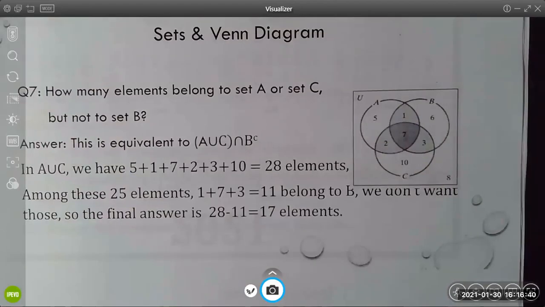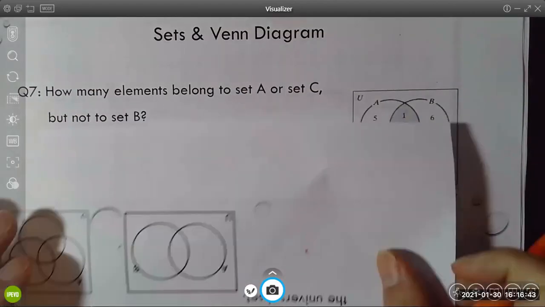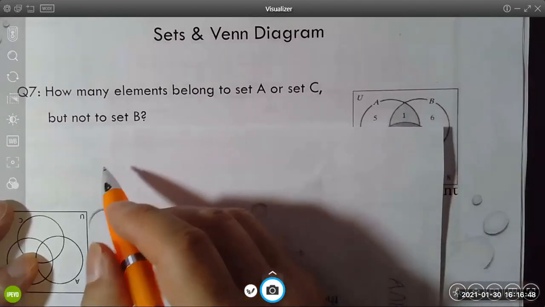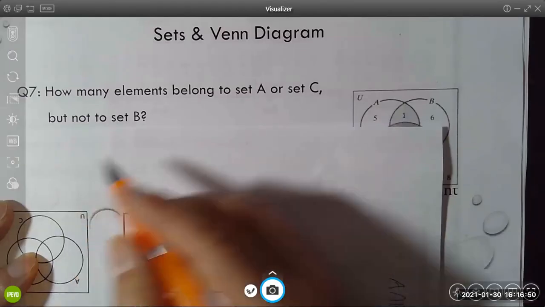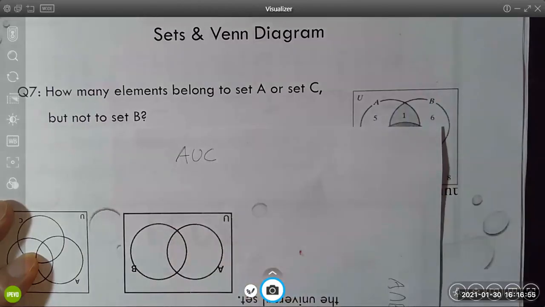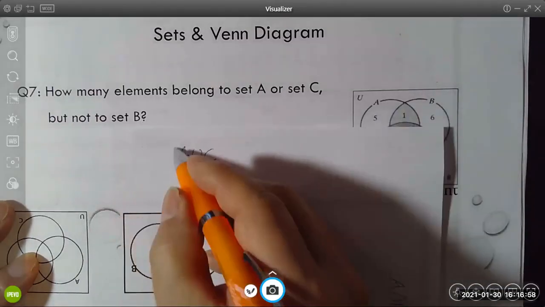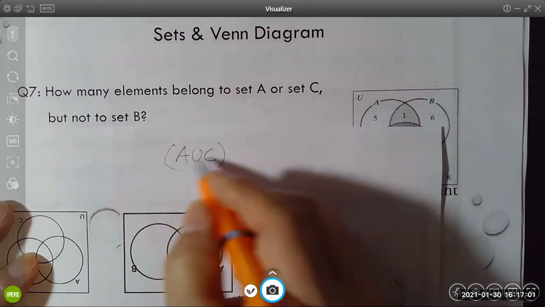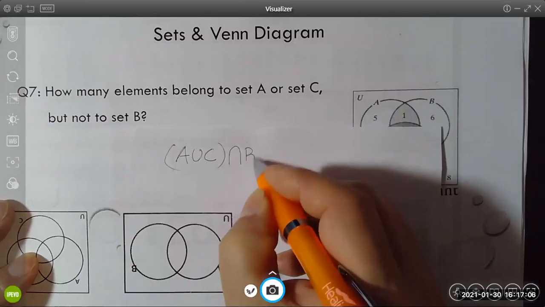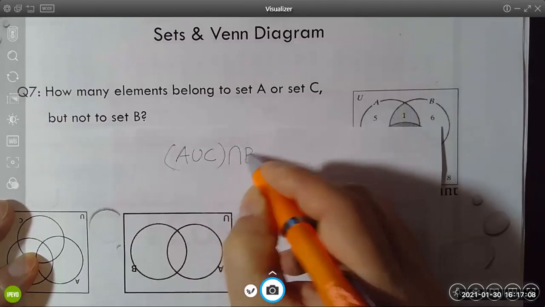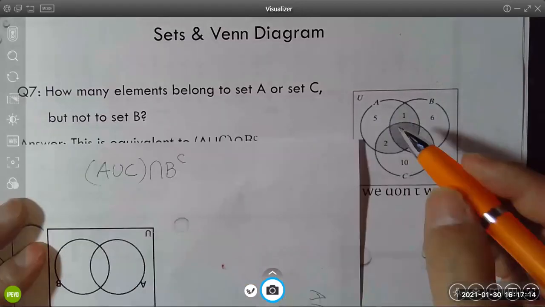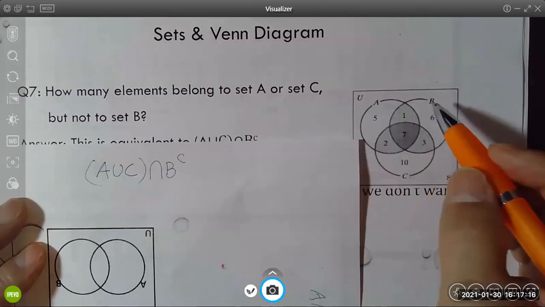Okay, question number 7. Similar to question number 6. How many elements belong to set A or set C, A or C as a union, but not to set B? Belong to any of these is okay, joint set A and C. I don't want B. I don't want anything in B. So an element can be in C or A, so A or C, here's the whole thing.